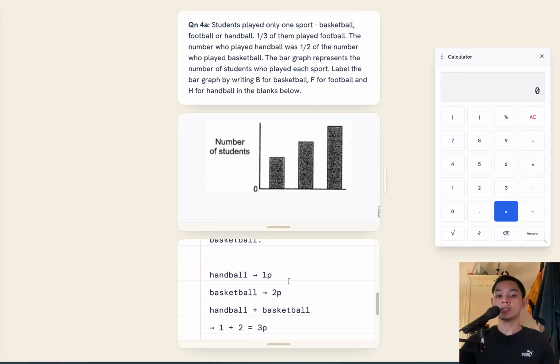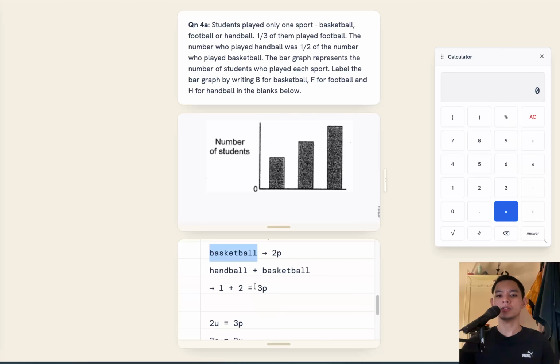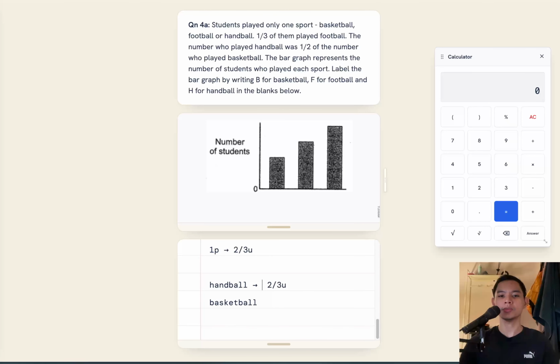So handball, since it's 1 part, is 2 out of 3 units. Then basketball will be 2 times 2 out of 3, which is 4 out of 3 units, or 1 and 1/3 units.